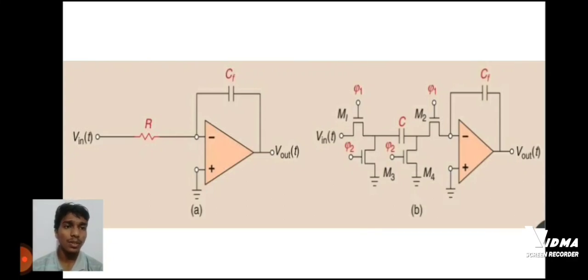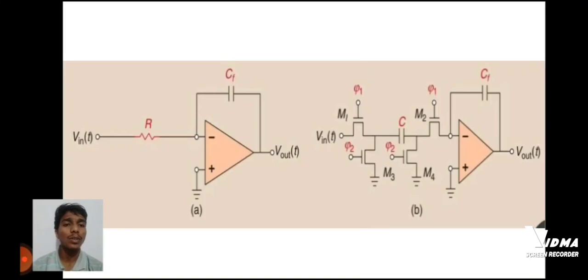In Figure B, we can see the same circuit implemented, where in place of the resistor we connect the previous circuit, that is, the capacitor-as-resistor circuit with the transistors.